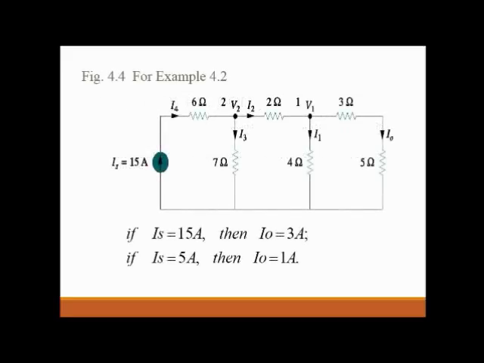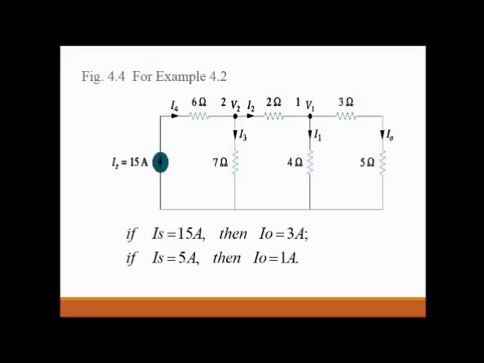For example, in this whole mesh, Is, the current, is given as 15 ampere, and I4, I2 and I1 are the respective currents in the several branches of this network, and these branches are connected to several different types of resistors. Now if Is is equal to 15 ampere, then Io, that is the output current in the whole network, is 3 ampere, and if Is is 5 amperes, then the output current becomes 1 ampere.